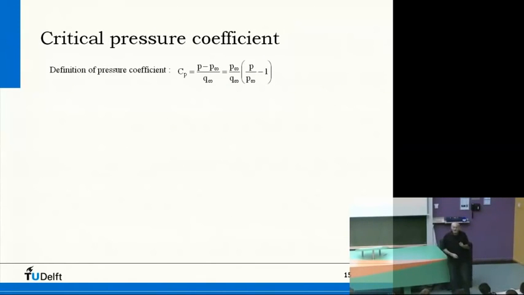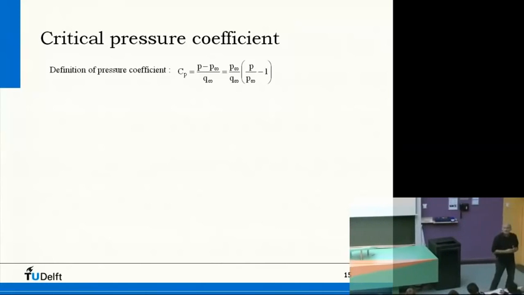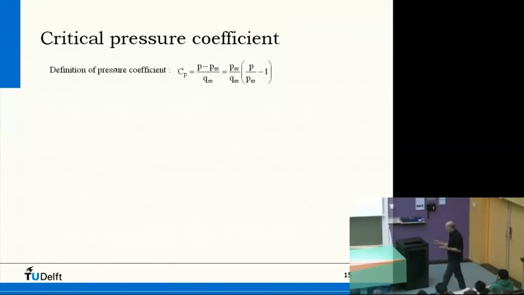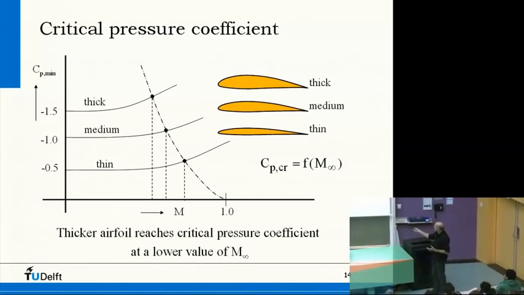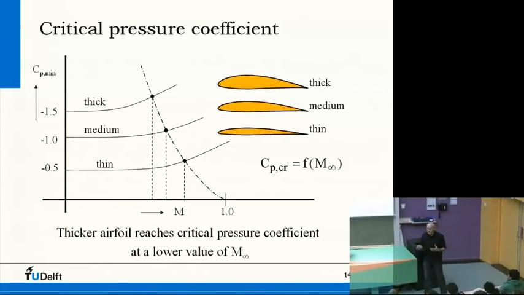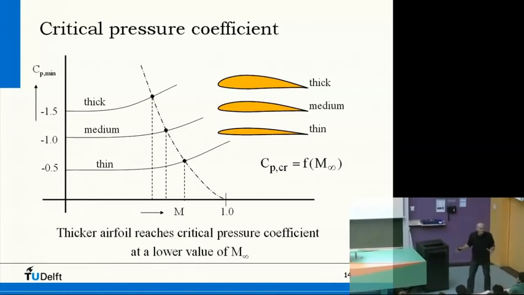If we look at the critical pressure coefficient, we'd like to know an expression for it. This curve here is depending on the airfoil, but this is depending on compressibility in general. So there should also be a general equation.